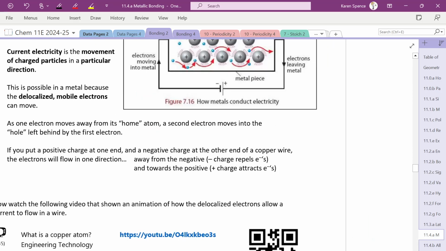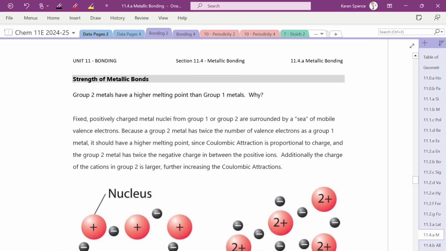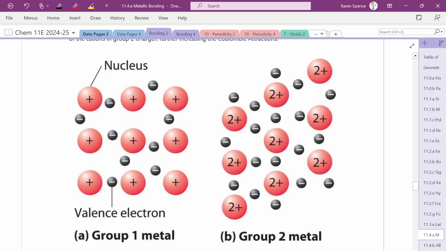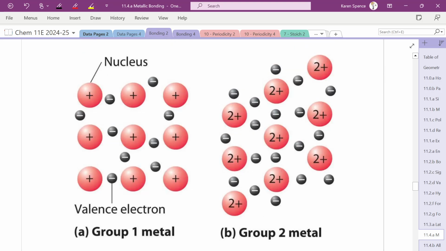Anything else? Good conductor. Strength of metallic bonds, we talked about that already. Group 1, less strong than group 2. Does it make sense that the metallic bonding in group 1 is less strong than in group 2? This is page 99.